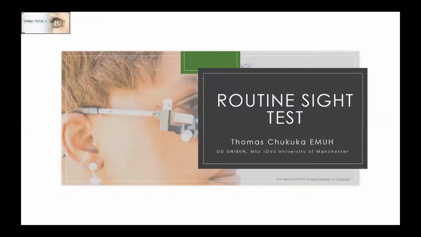A very important bit when it comes to refraction is the trial frame, aligning it to the patient's eyes. So take the PD of the patient, center your trial frame to the eyes of the patient with the PD, and then do the vertical centration as well, which is very important, especially if it's a high prescription.